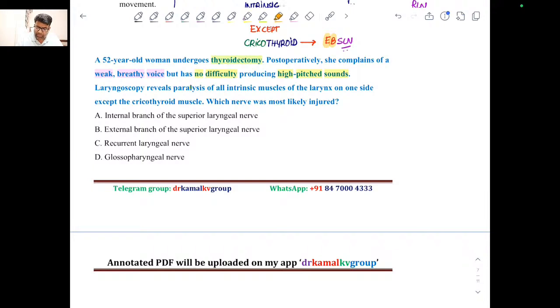Laryngoscopy shows there is paralysis of all intrinsic muscles on one side except cricothyroid. Now, which nerve was most likely injured? So, the patient is a case of surgical removal of thyroid gland, and after that there is some nerve injury.